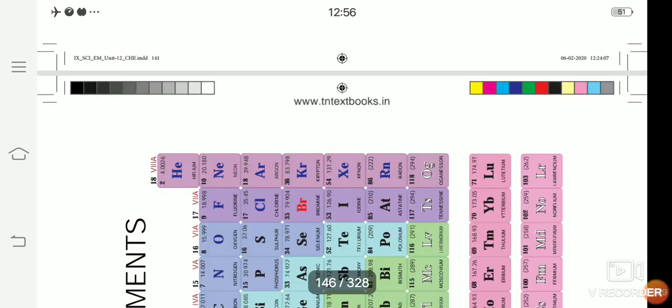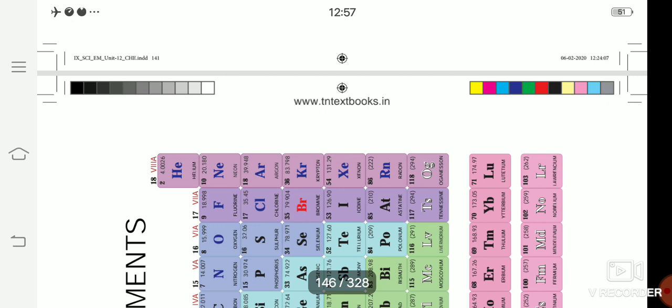In the periodic table, all of you take your science book, page number 142. In the last group, the 18th group, 8A, which is called the inert gases or noble gases group, the elements are helium, neon, argon, krypton, xenon.